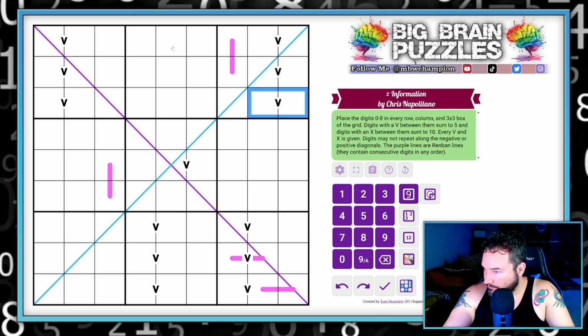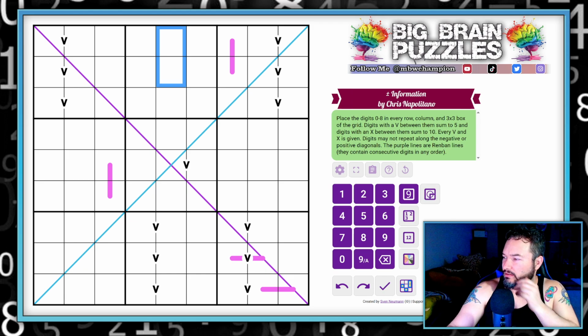If you look, digits may not repeat along the negative or positive diagonals. Wait a minute. Oh, okay, let me read this again.